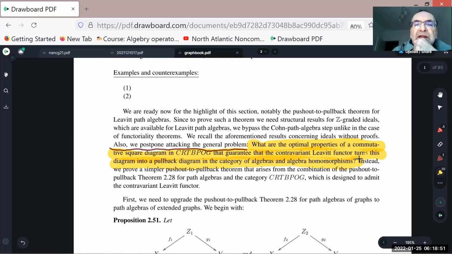Okay, I have a nice pullback diagram for Leavitt path algebras. Okay, so I have K of E, KG, KF.